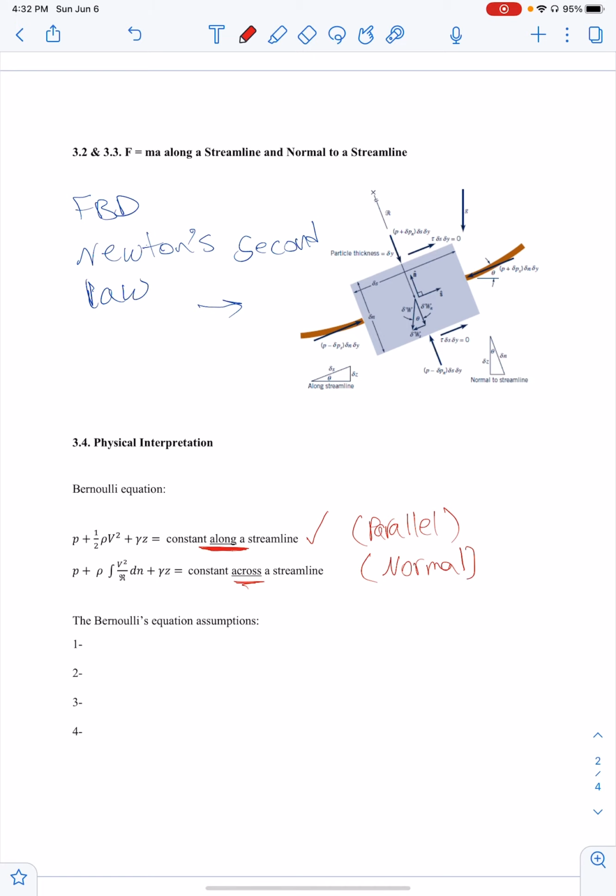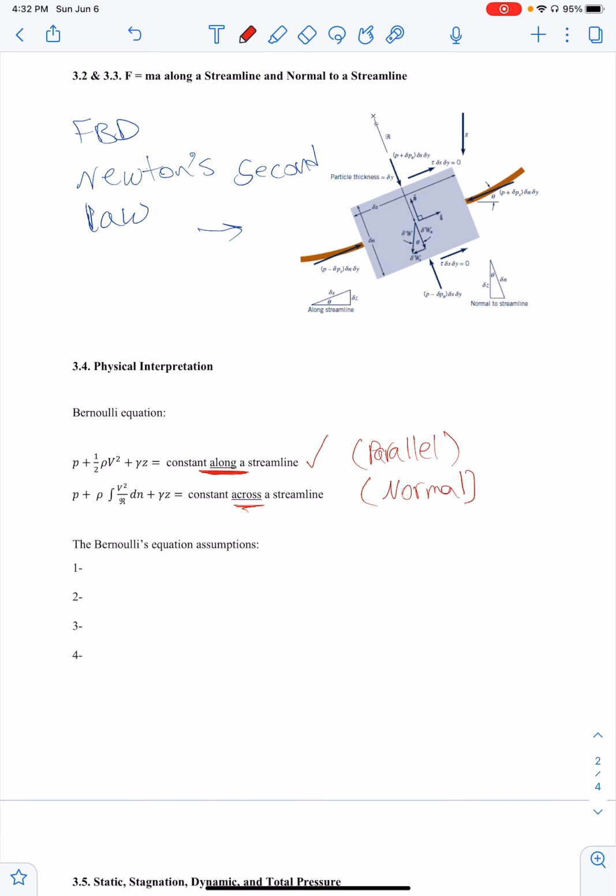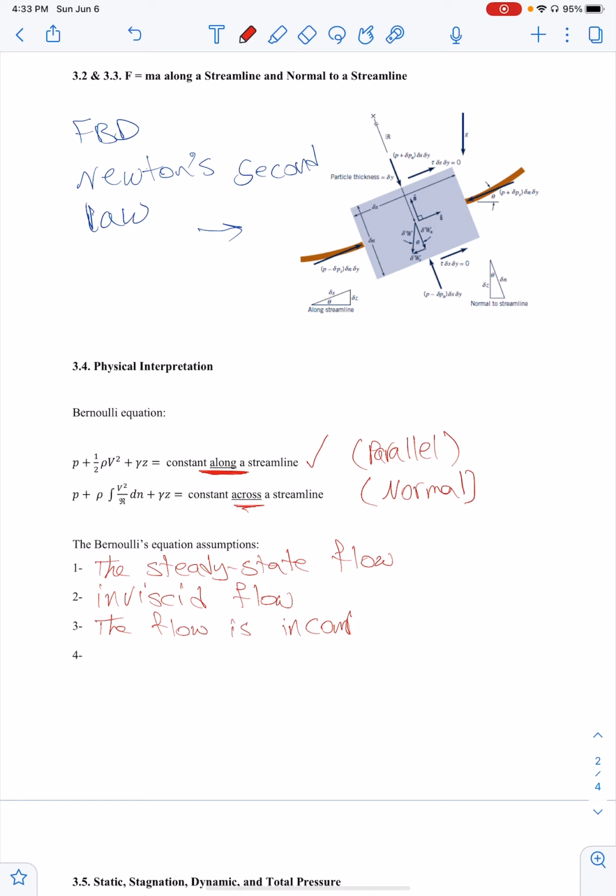So now we're going to see what assumptions we made to derive the Bernoulli's equation. The first one, which we talked about, was steady flow. The other one that we also talked about was inviscid flow. The other one is that the flow should be incompressible when we use the Bernoulli equation.